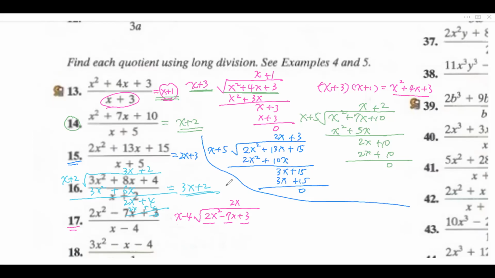So you get 2x squared minus 8x. Top minus bottom, here you get x, here 0. Here is negative 7 plus 8x, so you get x. All right, so the next one is only 1, right? x minus 4, the remainder is 7, right? So this one equals 2x plus 1, with remainder 7.